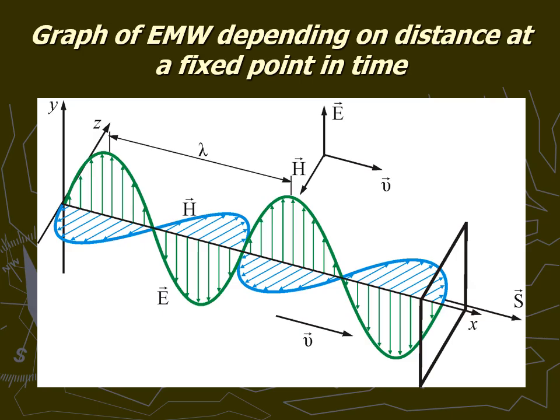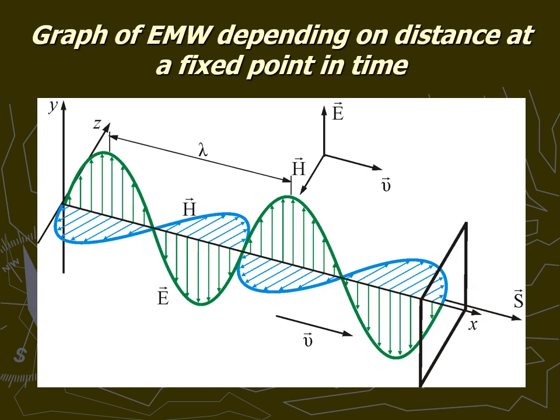And we see that we have vectors of electric field and magnetic field intensity that oscillate in mutually perpendicular planes. That is, the vector E oscillates in the vertical plane and the vector H in the horizontal plane. In addition, they also oscillate perpendicular to the direction of propagation of the electromagnetic wave.